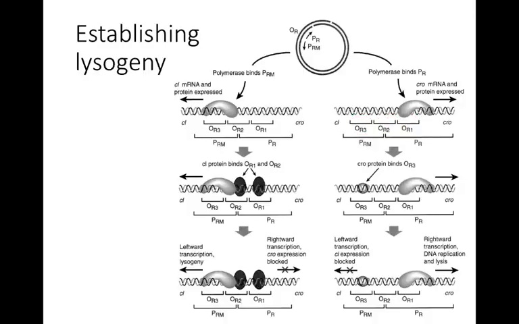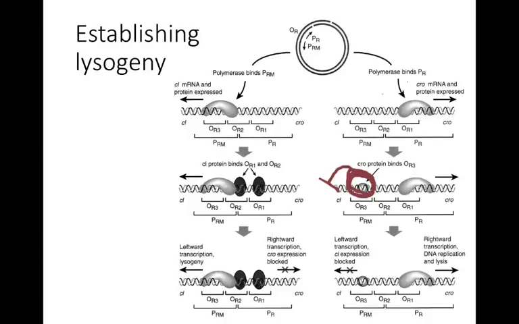Now, Cro binds to the ORs in the following order. It first binds to OR1, then OR2, and OR3. And when Cro binds to OR3, this functions as a transcriptional blockade. Binding to OR3 will prevent transcription of C1 from occurring.